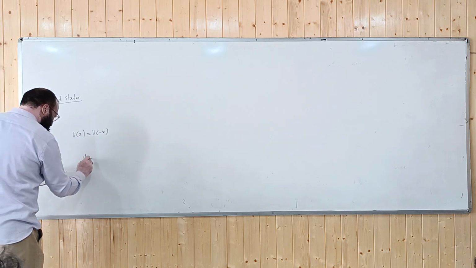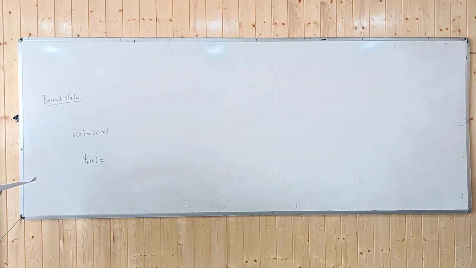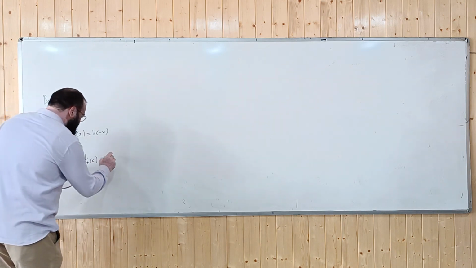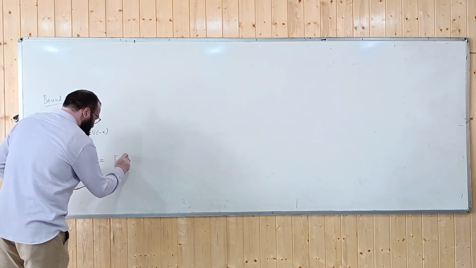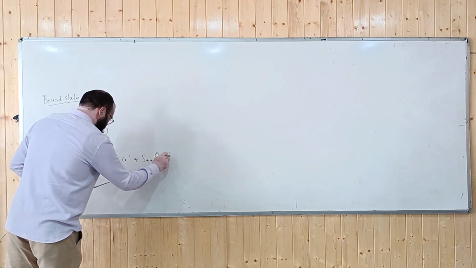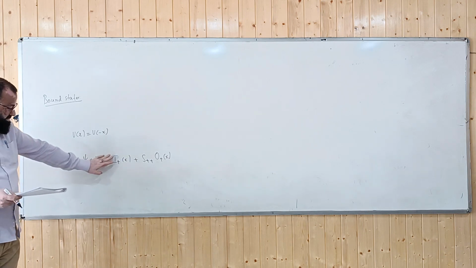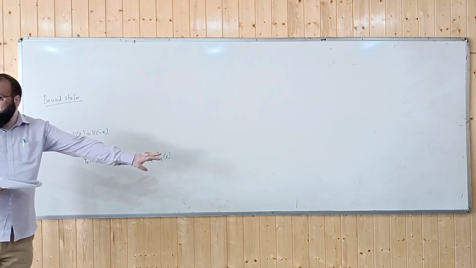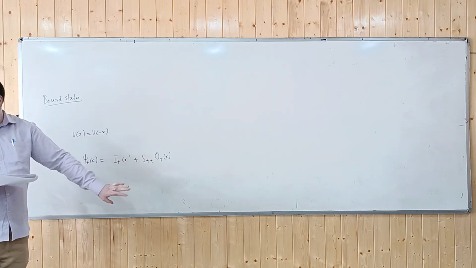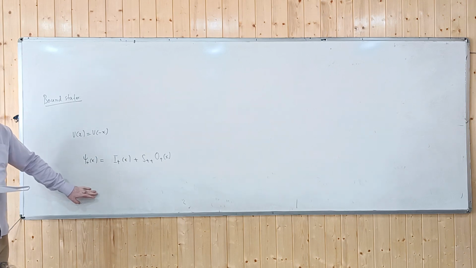So I have this psi plus of x in the asymptotic limit, which is I plus of x plus S plus plus O plus of x, just from the S matrix definition. You have psi plus and psi minus equal to I plus and I minus, then S acting on O plus and O minus. I am taking only the even parity state; the other would be the odd parity state.